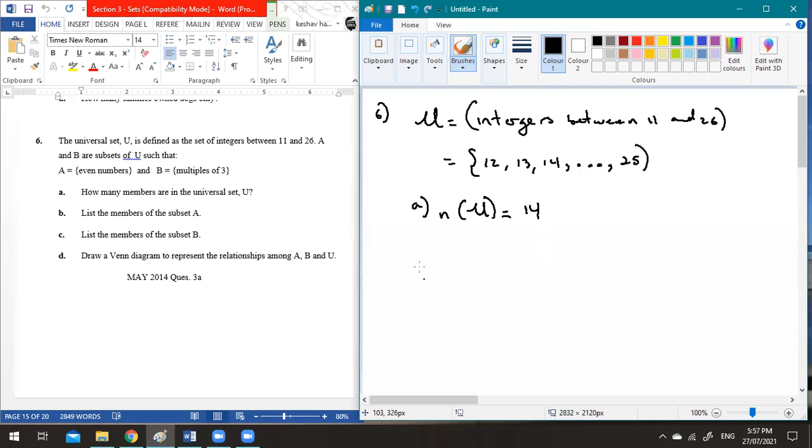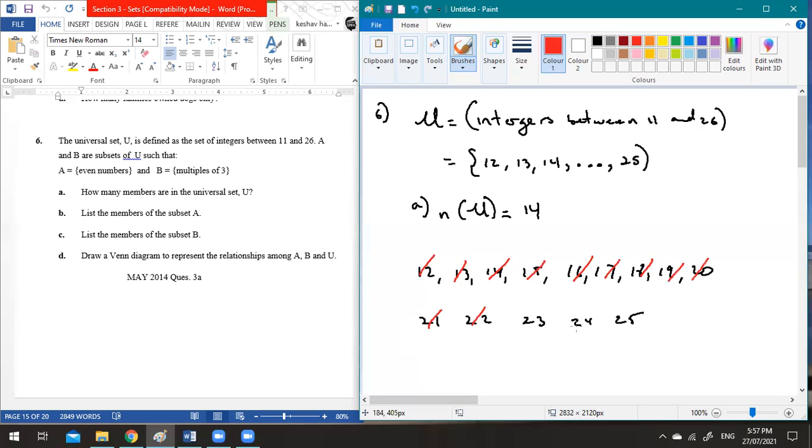So that's 12, 13, 14, 15, 16, 18, 20, 25. So you count them again: 1, 2, 3, 4, 5, 6, 7, 8, 9, 10, 11, 12, 13, 14.